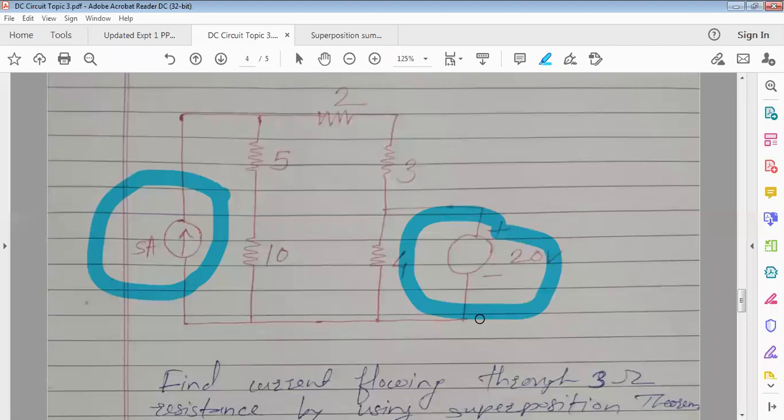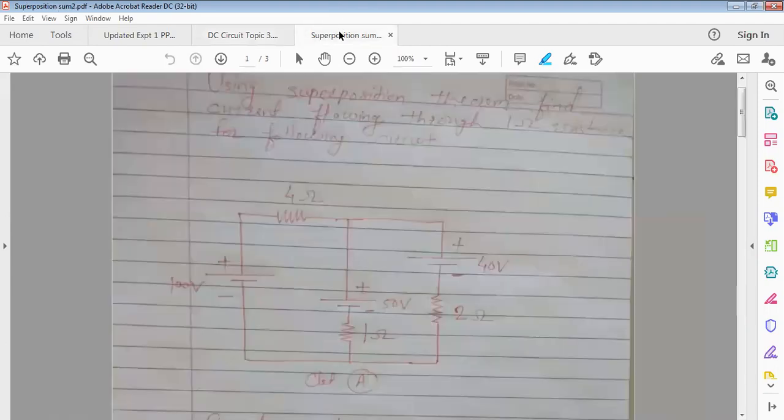Got it? MCQ question: superposition theorem can be applied with only a single source, with 2 or more than 2 sources, none of the above. Which one will you take? With 2 or more than 2 sources is the correct option.